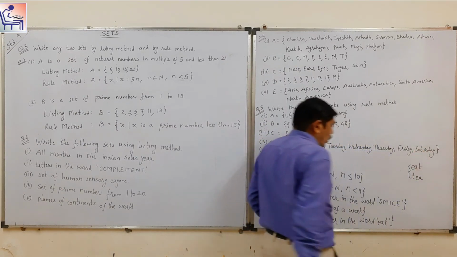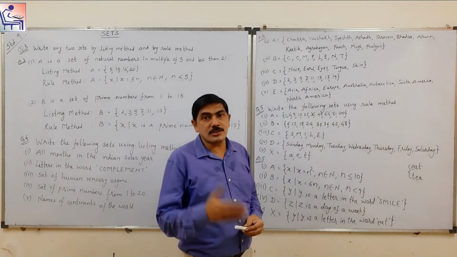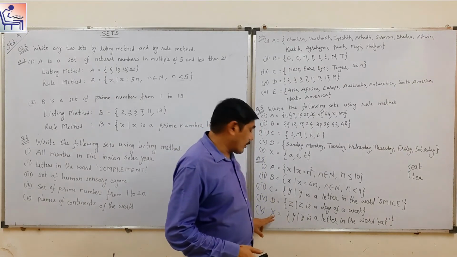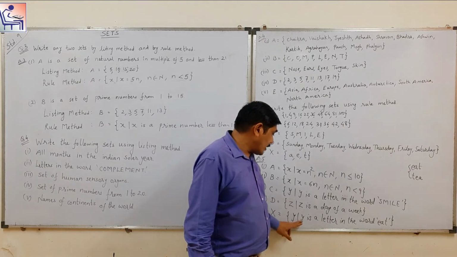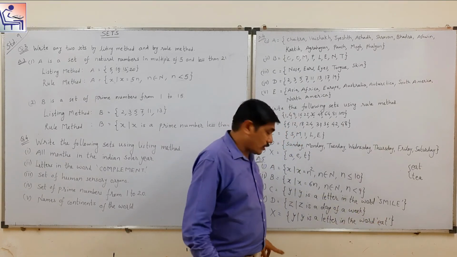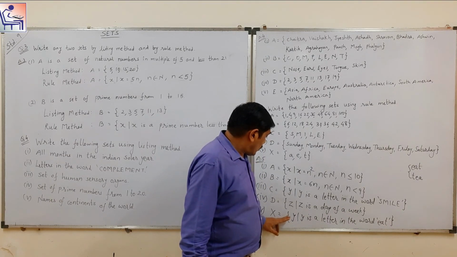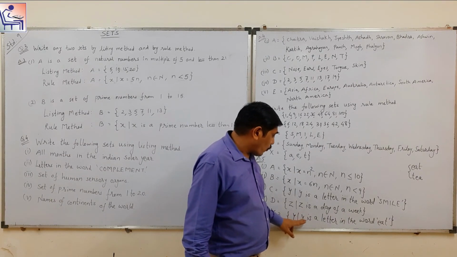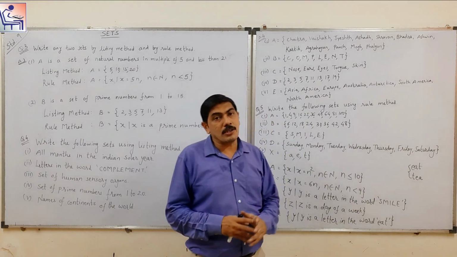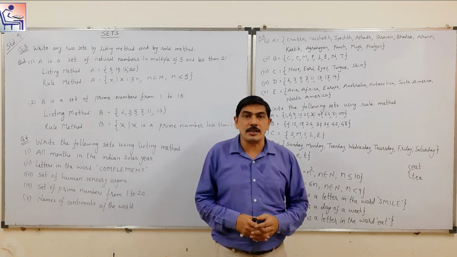Any one word you can write, because there are more options available to you. So we can write it as X is a set of all y such that y is a letter in the word eat, or X is a set of all y such that y is a letter in the word tea. So both ways you can write it, both are correct.